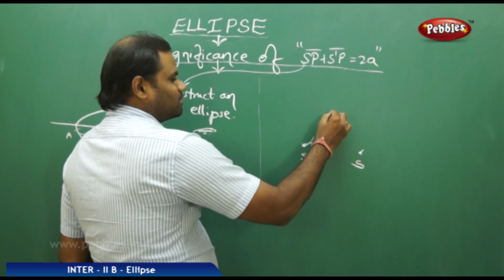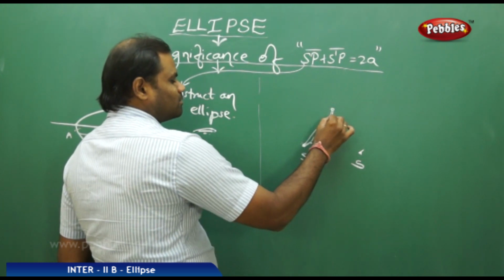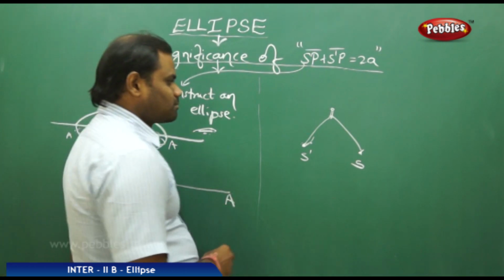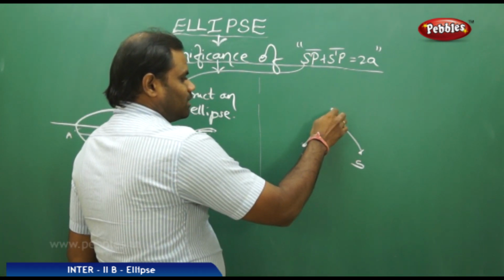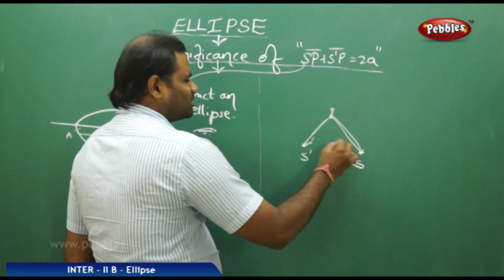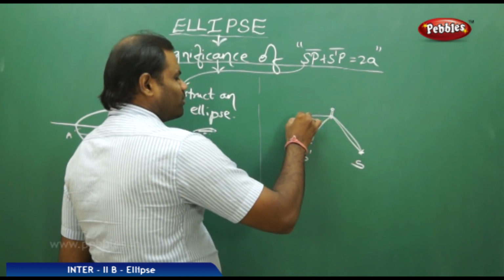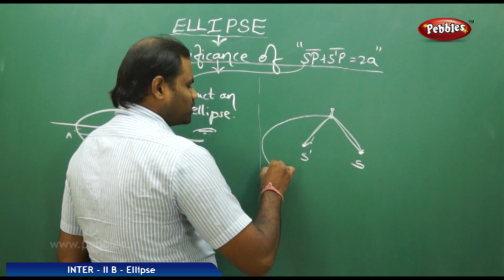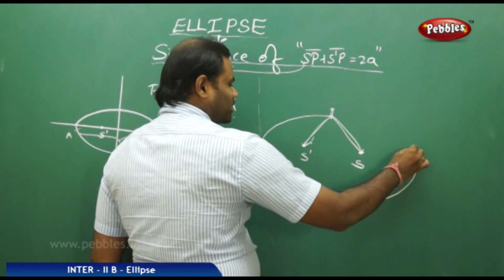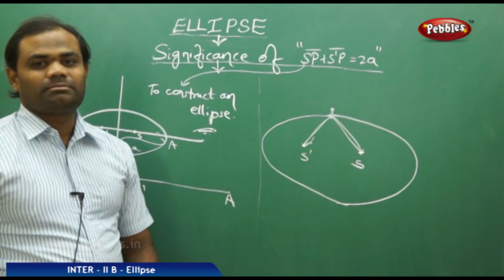I take a pencil or a pen and put it against the thread. By holding it tight, the thread gets straightened, and I draw the line along the thread. As I move, I do not make the string loose, and then I draw, I get an ellipse.